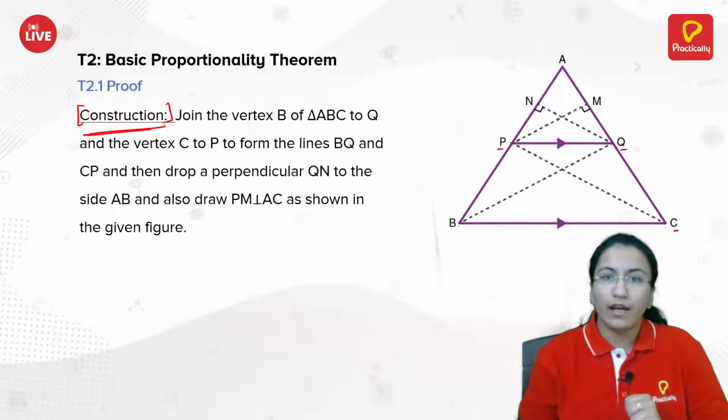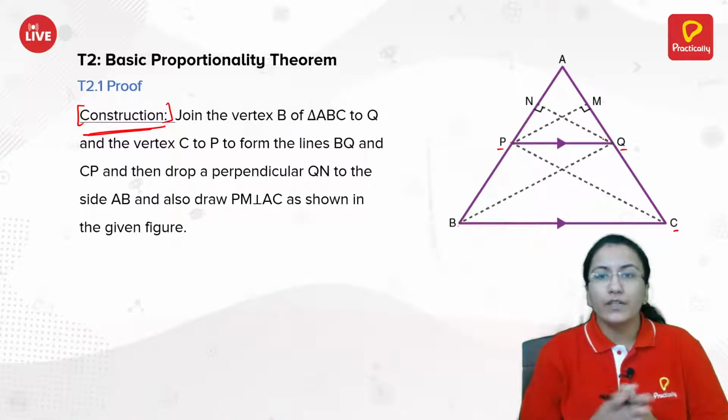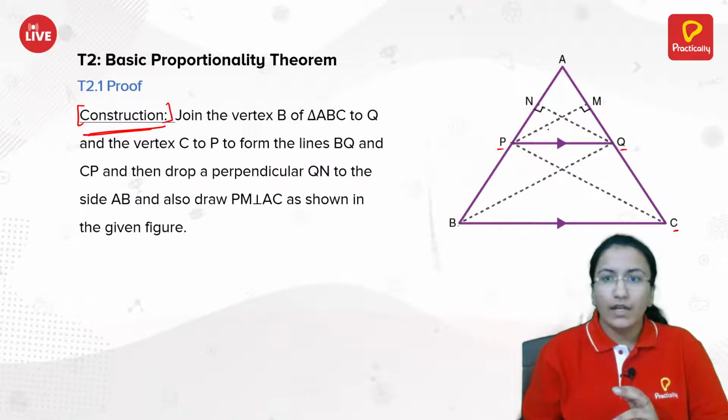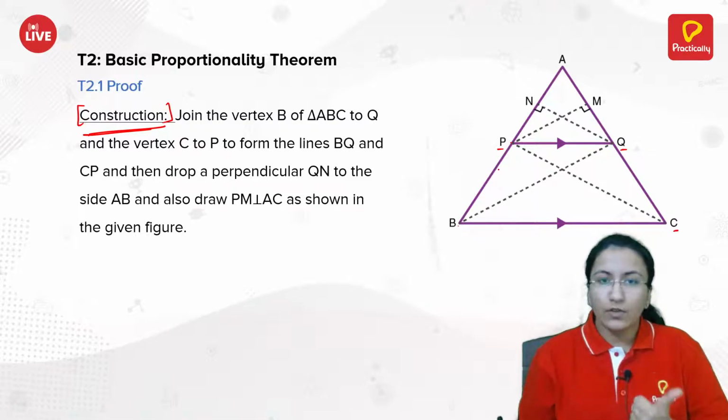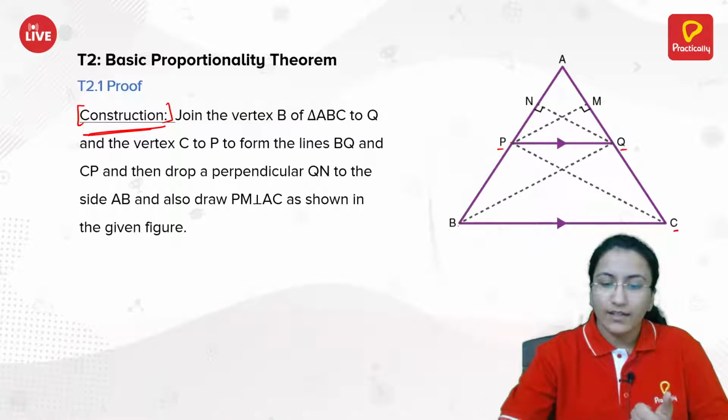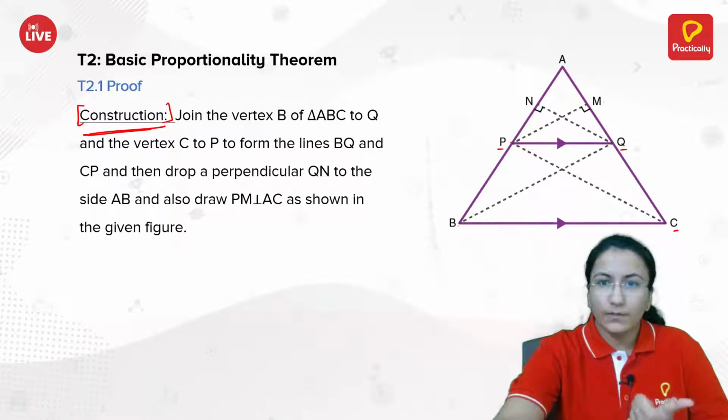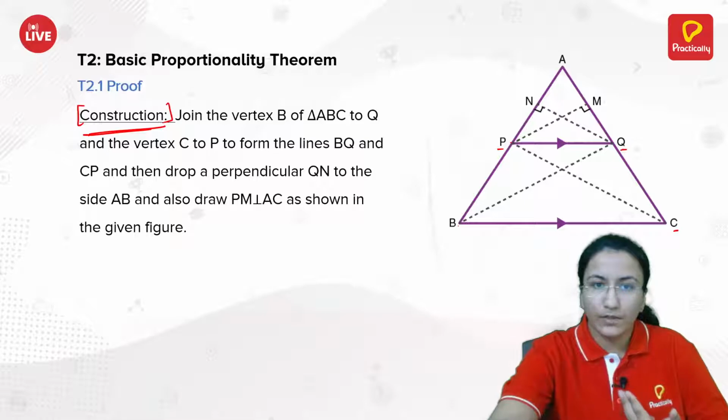So here we have our construction. BQ is joined, P and C are joined, and we have a perpendicular on AB from Q and a perpendicular on AC from point P. Everyone got the construction? Okay, so we will discuss now the proof, how exactly the proof will go for this.